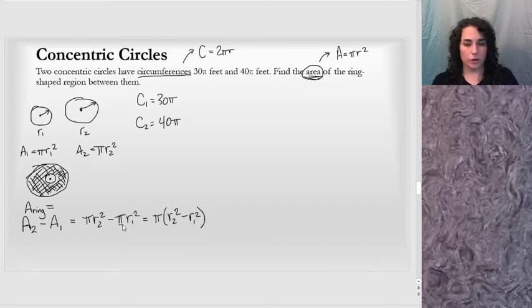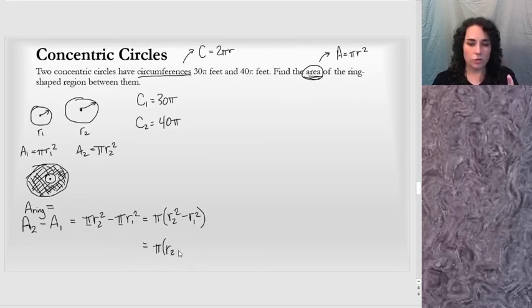See how I factored that pi out? It's not necessary to do that step, but it is the elegance that we practice in math and physics. So let's see if I get R2 and R1. Can we factor this one more time?